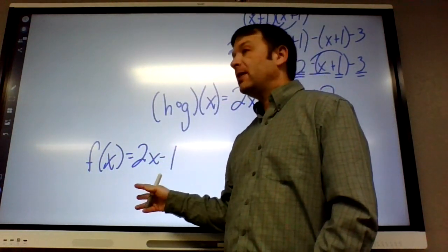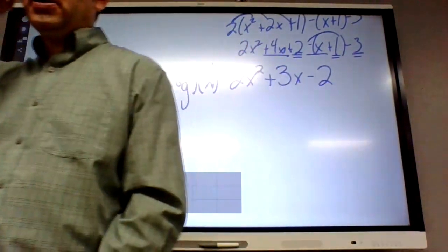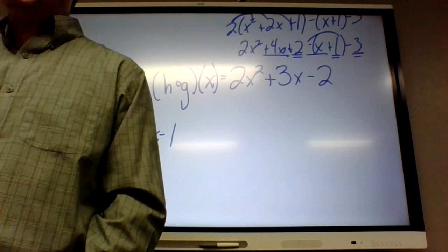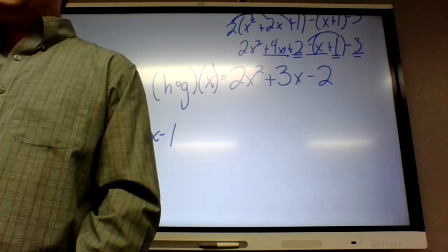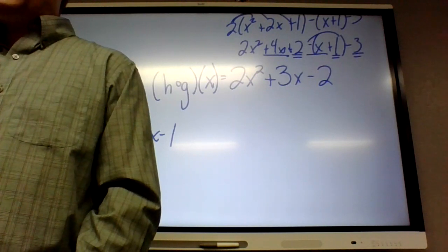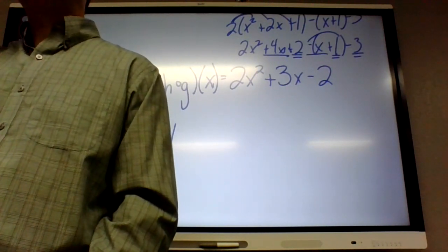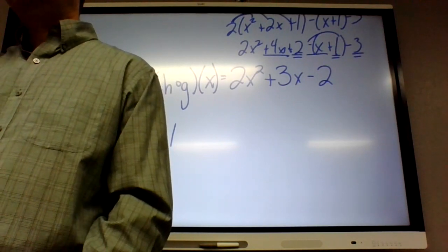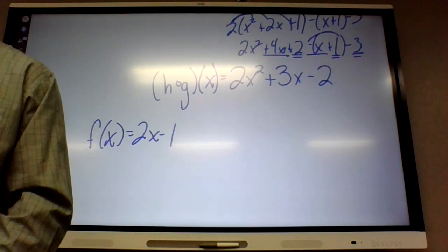So you have to see which one's right. On number 13, basically that means we're going to figure out what g of 1 is, and then whatever that is gets plugged into the f function. So what is g of 1?